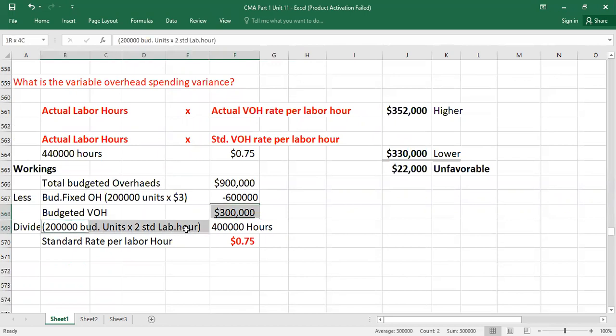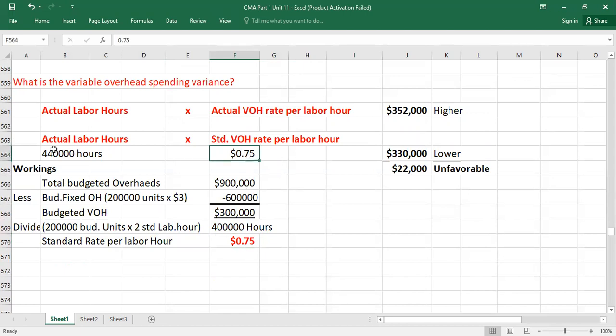You take budgeted units, which are 200,000 units, multiplied by budgeted time per unit, which is 2 hours per unit. This will give you 400,000 hours. If you take the budgeted variable overhead cost divided by budgeted labor hours, you will get the standard rate, which is $0.75. So you will put this here.